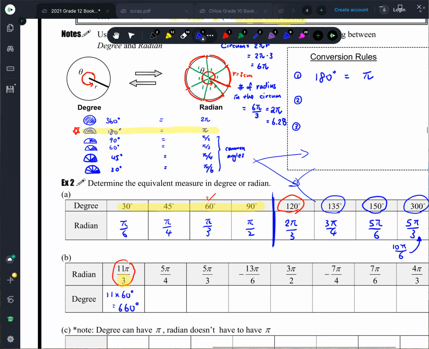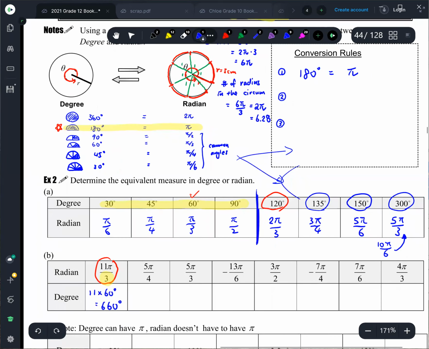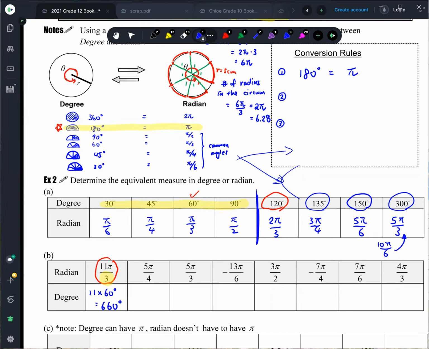Okay, Angela, Caleb, and Eric, Jocelyn, any question how to get a 660? Okay, so just find a multiple, right? If you have 5 pieces, you times it by 5. So finish this chart and raise your hand. If the question has a negative, so your angle will be negative degree, okay?